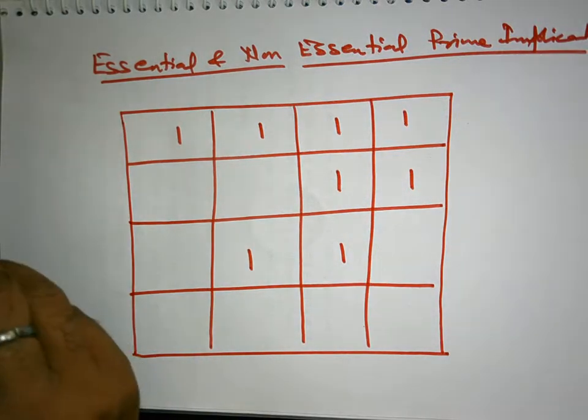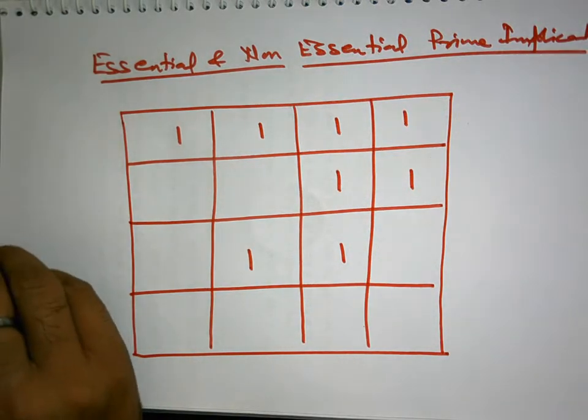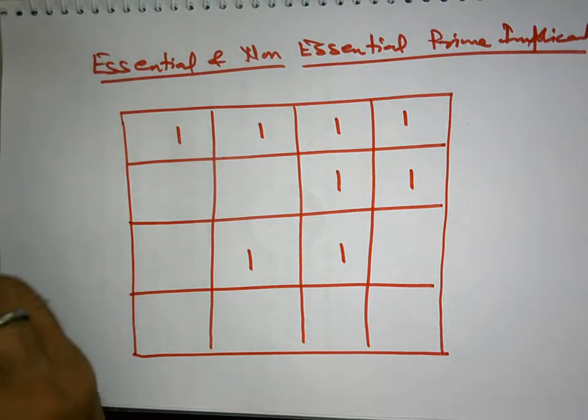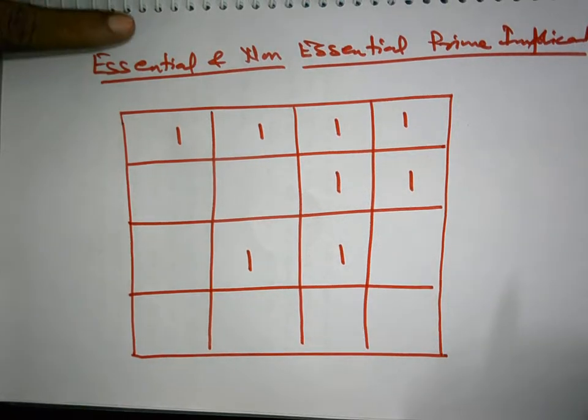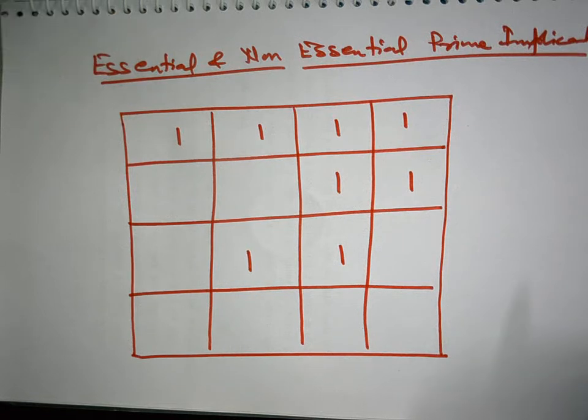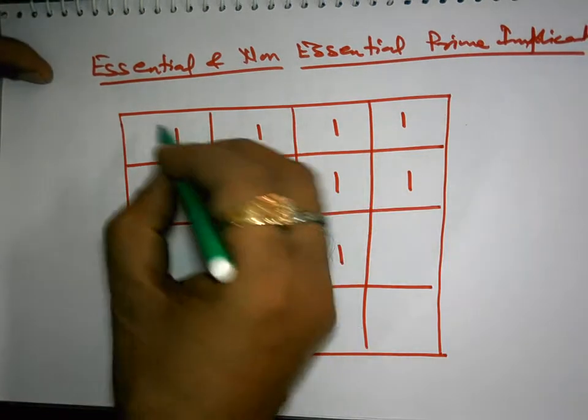So how can we form the groups? A group that incorporates the maximum number of ones. The maximum number of ones means the output should contain the minimum literals. Maximum group will result into minimum literals.